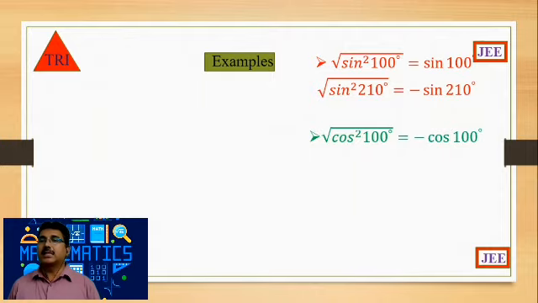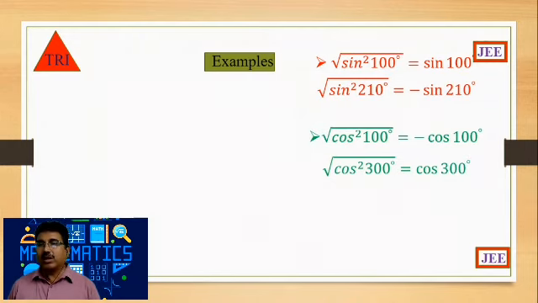Now, root cos square 300 degrees: 300 degrees belongs to quadrant 4. In quadrant 4, cos is positive, so root cos square 300 degrees is equal to cos 300 degrees.